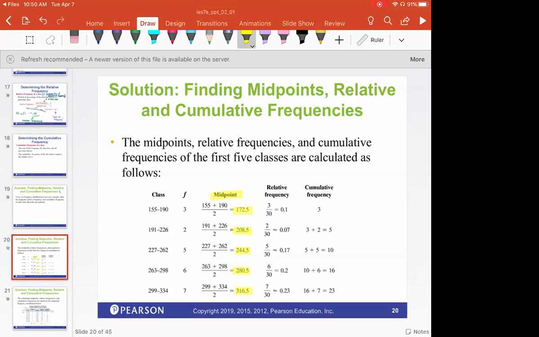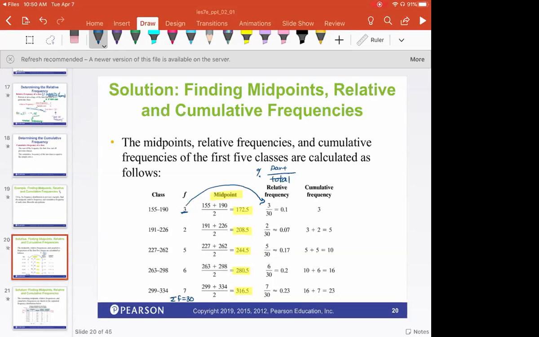Now, this is what's new, the relative frequency. Remember, the relative frequency is like your percent, and it's always your part divided by your total. So you see how we have 3? We have 3. And the sum, the total of our numbers, well, 3 plus 2 plus 5 plus 6 plus 7, that gave us a sum of 30.